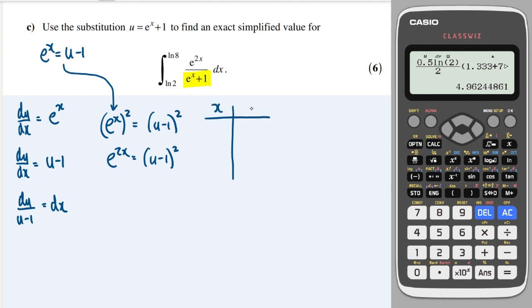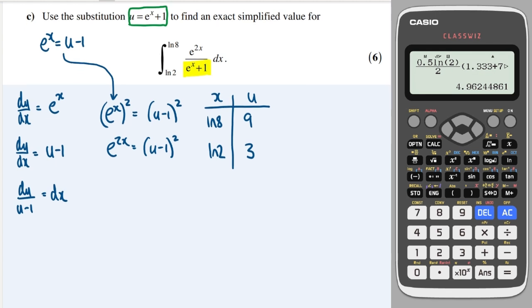So I'll have x values and u values. My x values are ln 8 and ln 2, and when I sub them into here, I get e to the ln 8, which is just 8, plus 1 is 9. And then I'll get e to the ln 2, which is just 2, plus 1 is 3. Okay, so I think I'm good to go.